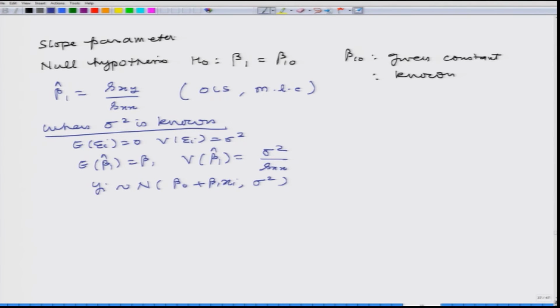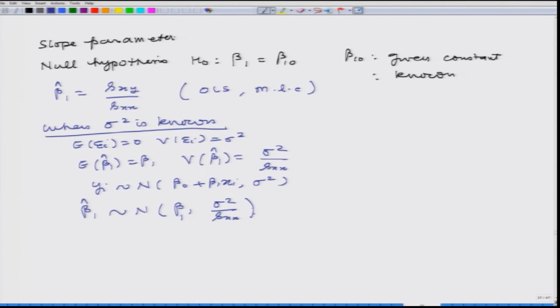So now I can write down that since beta 1 hat is also a linear function of yi, beta 1 hat also follows a normal distribution with mean beta 1 and variance sigma square upon Sxx.